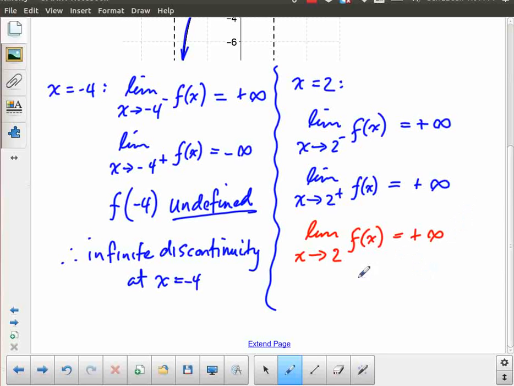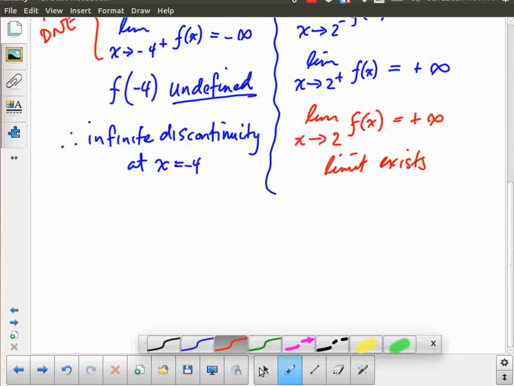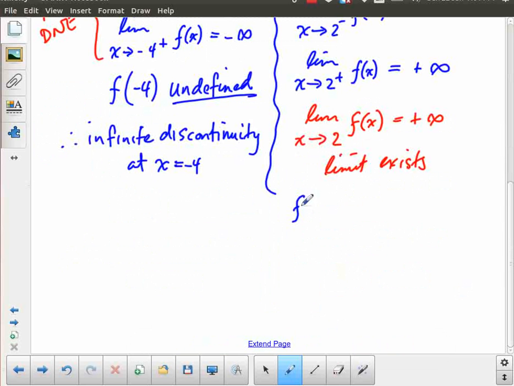So the limit itself exists, whereas over here, the limit does not exist, because even though they're going to infinities, they're not the same infinity. One is positive and one is negative. Now, in this case, the fact that the limit exists doesn't actually matter because f of 2 itself is undefined.